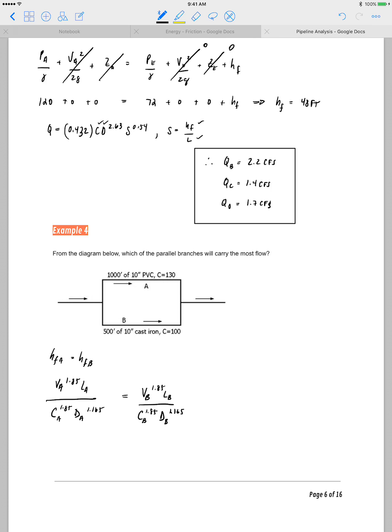However, we don't have any change in diameter. The diameters are the same in both of these branches, so we can get rid of these. Let's just make our lives a little bit easier. The C values are different, so we can't do that.